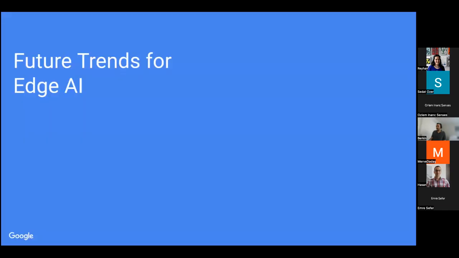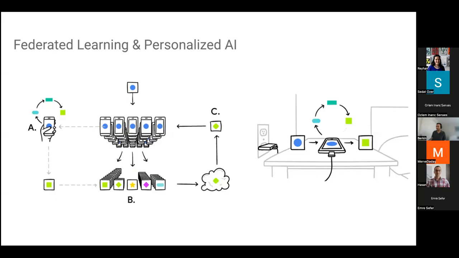Obviously, there is a lot more, but I just want to cover some key ideas and some details about our work. We can go through your questions later on, but I just wanted to wrap up with some of the future trends for Edge AI that are coming up or already here. Most of this is already here actually, but a few directions if you're interested in this area.